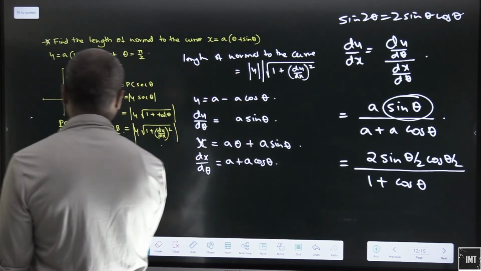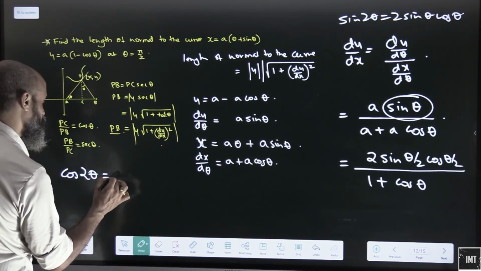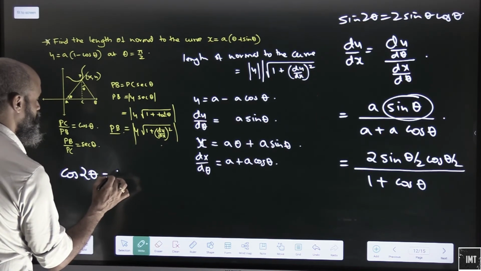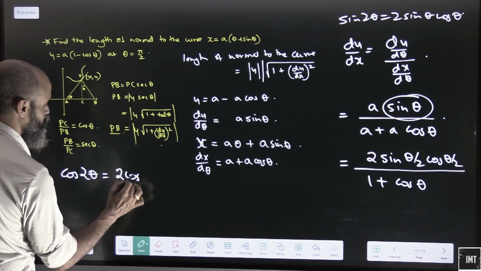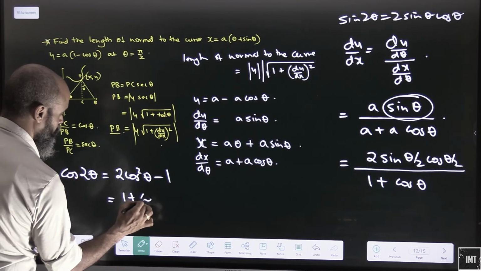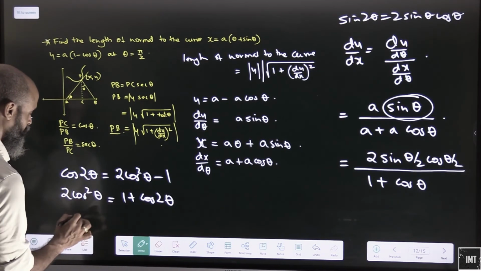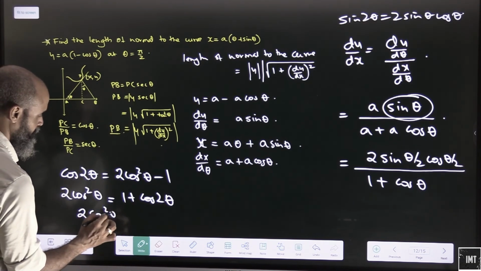For 1 plus cos theta, we use the standard formula cos 2 theta is equal to 2 cos square theta minus 1. So 1 plus cos 2 theta is equal to 2 cos square theta, or we can say 1 plus cos theta is equal to 2 cos square theta by 2.